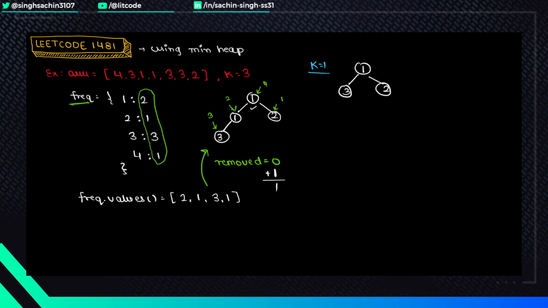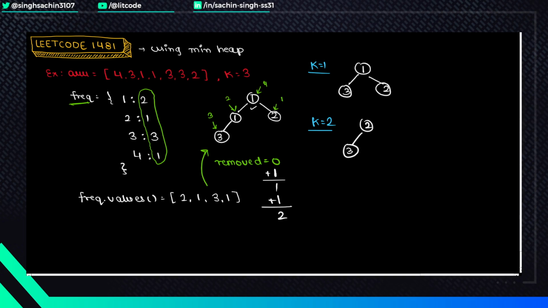Now we are at k equals 2. Again I will remove the smallest possible value, which was 1. So we'll get this kind of a structure, and the value which we removed will again be added to the removed variable.